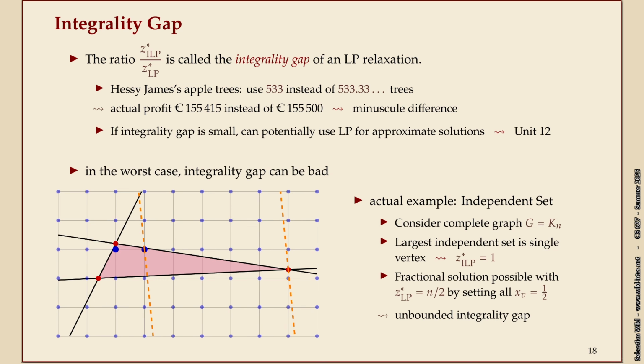And what's worse, its optimal objective value is n times 1/2, which is far away from this value of 1 that you get in the integer program. So you can think of this as the high-dimensional version of this picture on the left, where things get completely out of control. You have no bound on the integrality gap in the worst case in general problems.